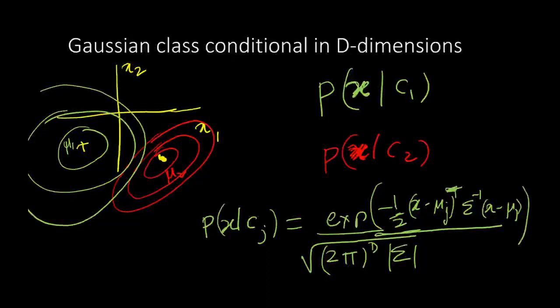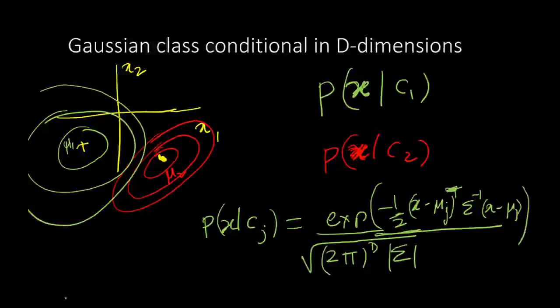If we want to draw contours of equal probability, we will use different constants to generate the ellipses that you saw in the figure, the red ellipses and the green ellipses, and depending on the covariance terms in sigma, you will have a right tilt or a left tilt or no tilt, etc. So this is the general setting, and in this general setting, for finding the decision boundary, we want to match p of x given c1 times p of c1 with p of x given c2 times p of c2.